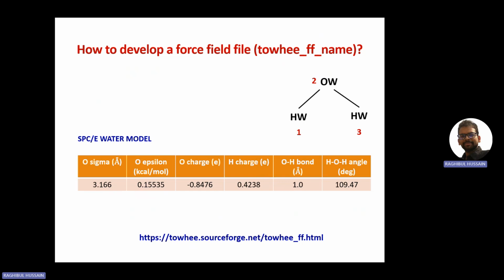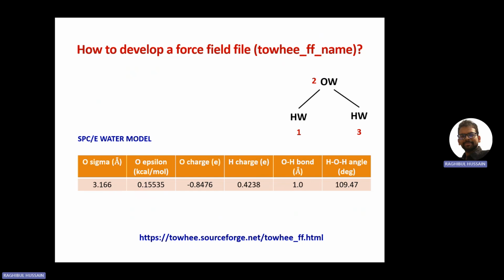This is the charge on the hydrogen atom. This is the bond length. In this case, we have this bond, and the length is 1 angstrom. In different force fields, we have different lengths. Similarly, the angle. This bond length and angle are required to calculate the bond energy and angle energy. We have written one equation.